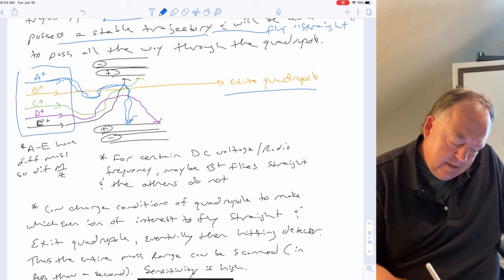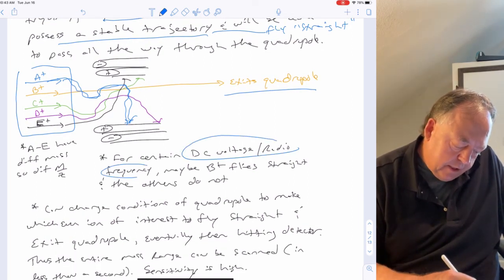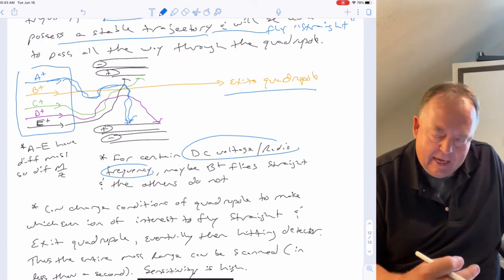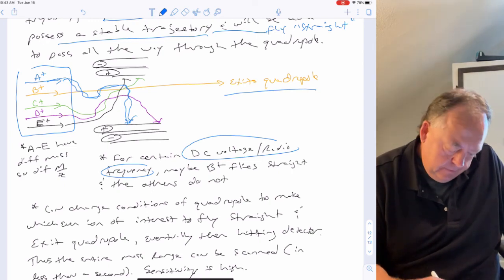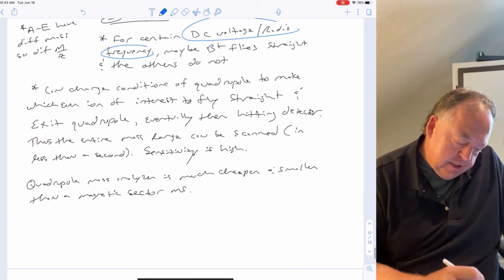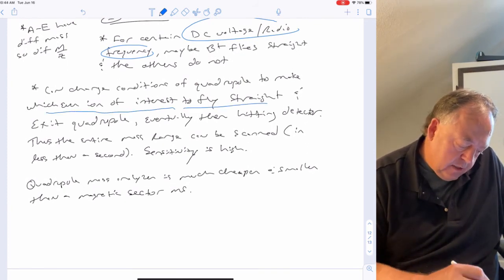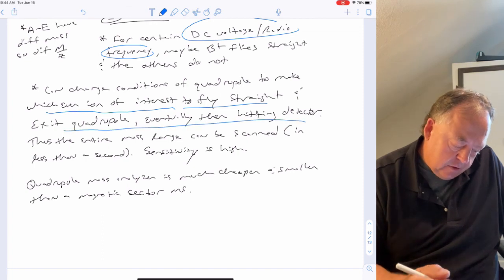But you can change the voltage, you can change the radio frequency, so you can make everything at some point fly straight. So you can change the conditions of the quadrupole to make whichever ion is of interest fly straight and exit the quadrupole and hit the detector.